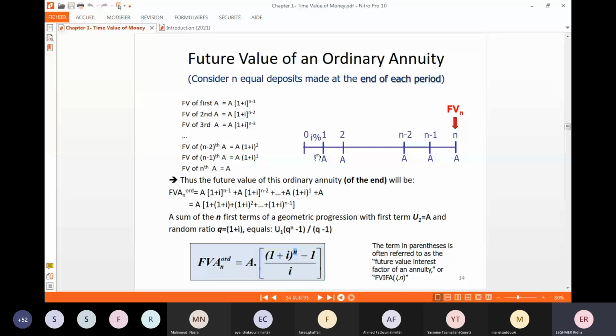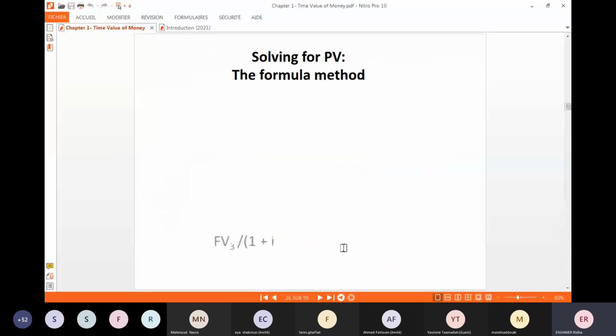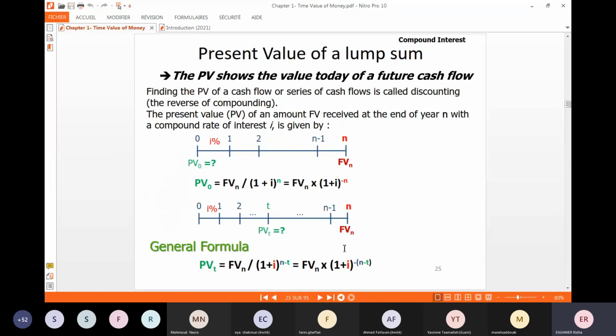If we subtract, for example, the first A, the formula will have power n minus 1. If we subtract both 1 and 2, the sequence of A's deposited at equidistant intervals will be n minus 2 A's. It will be power n minus 2 in the formula. So be careful. The n in the formula of the annuity is not like the n in the formula of a lump sum here.